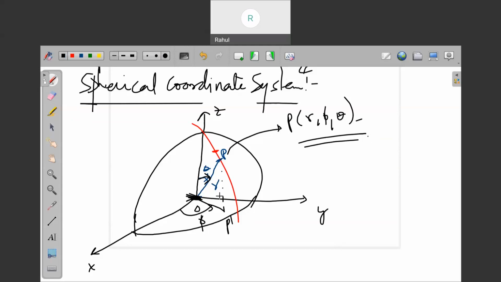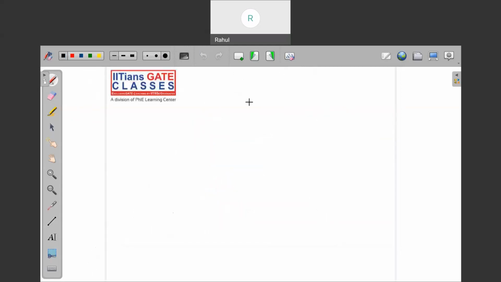So how are we getting this? Let me draw again. This is the x axis, this is the y axis, and this is the z axis. These are the octants.